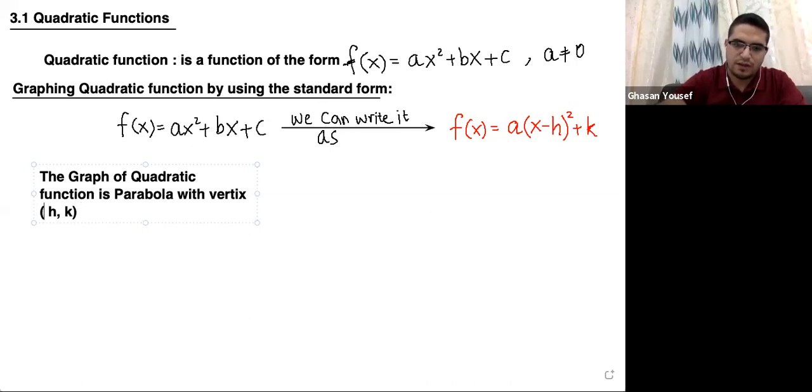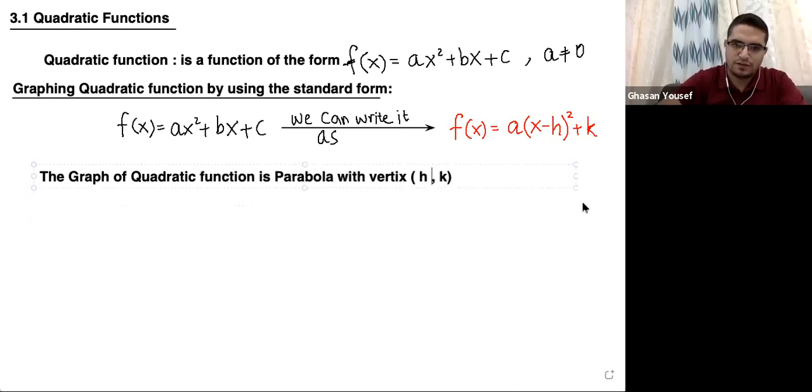So this is the ordered pair of the vertex, or the point of the vertex. This h comes from here, from the standard form, and this k is this k. So this is the h, the x coordinate of the vertex, and this k is the y coordinate of the vertex.